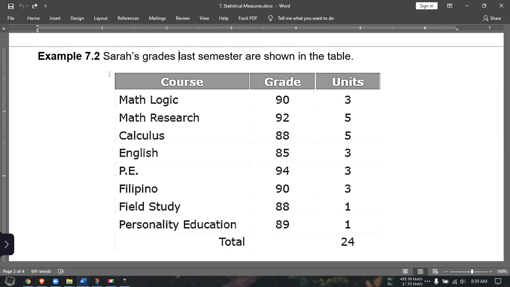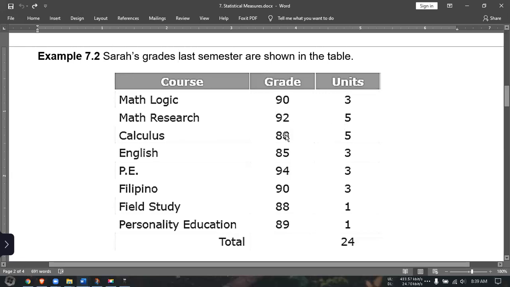If we were to apply the simple mean, the summation of x over n, we won't be considering these units anymore. Same weights lang sila if you just apply the first formula. But since they are of different weights or different units, meaning math research and calculus should weigh more than the others.